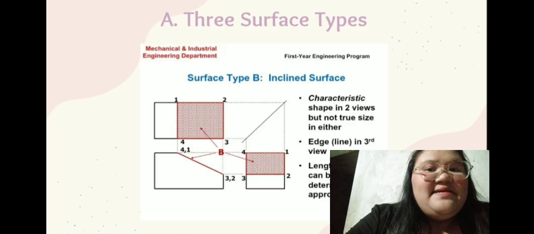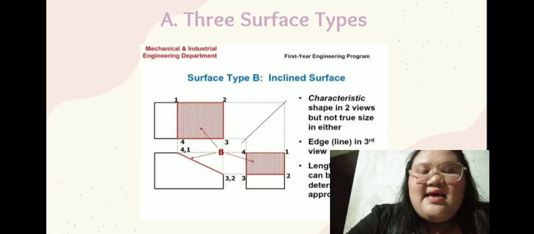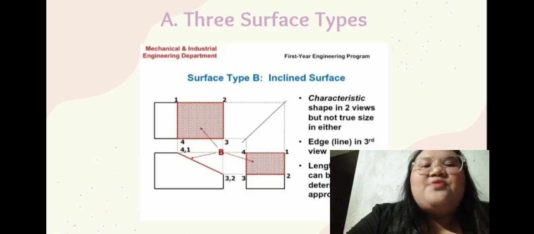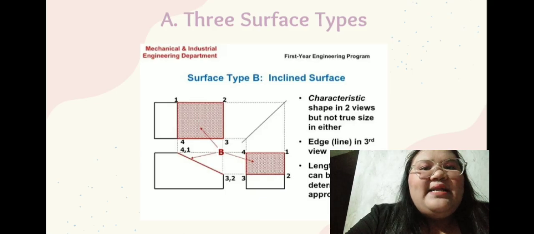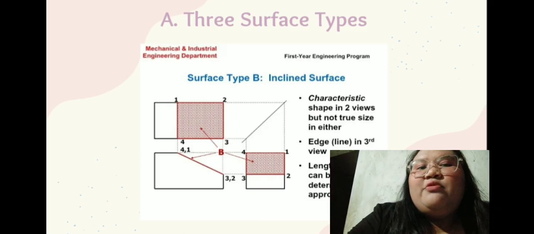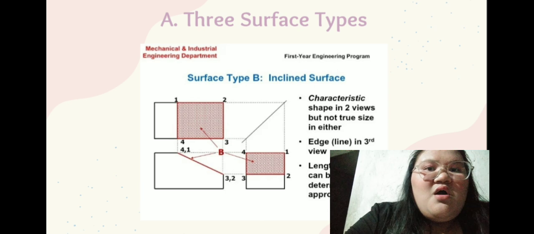As you can see in the image, the top view shows the line representing the edge of the inclined surface. These labels represent the corners of the inclined surface. They help you trace how the same point appears in each view. For example, corner 1 in the front view matches corner 1 in the side view.